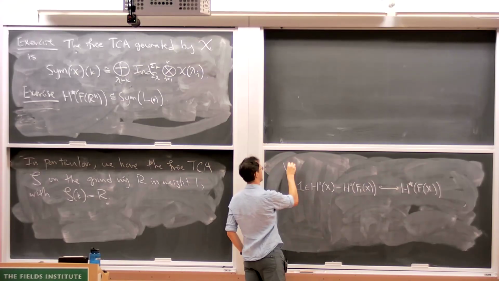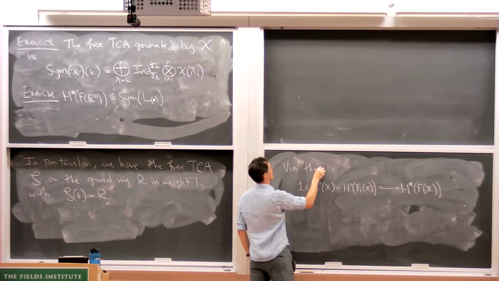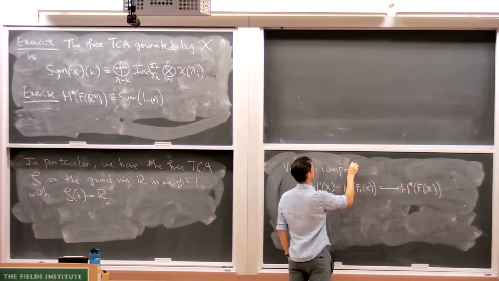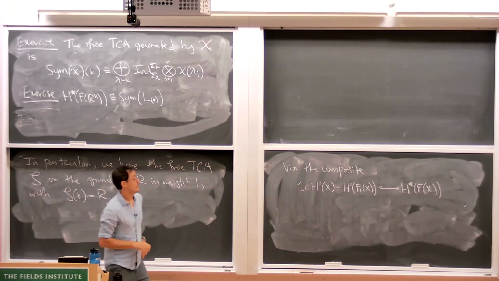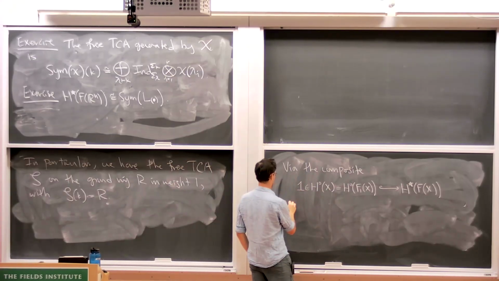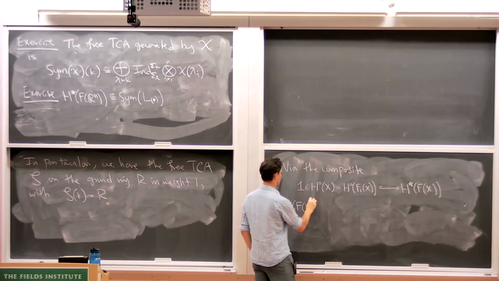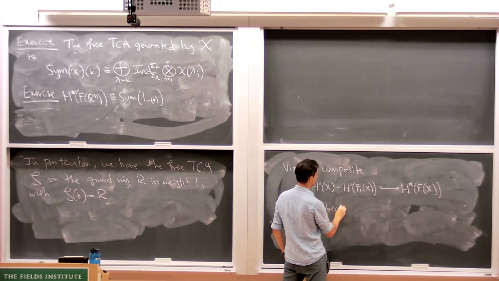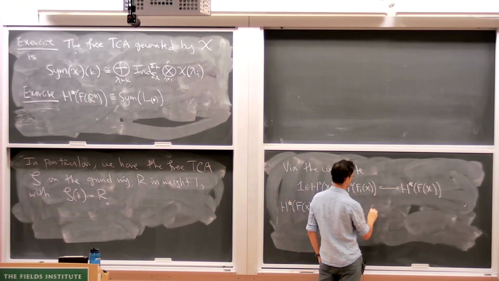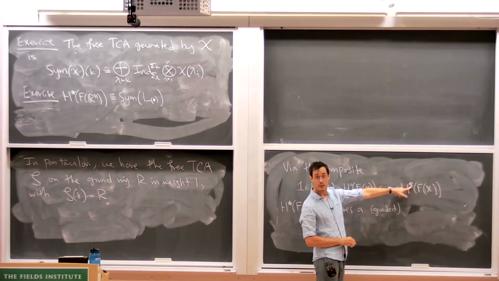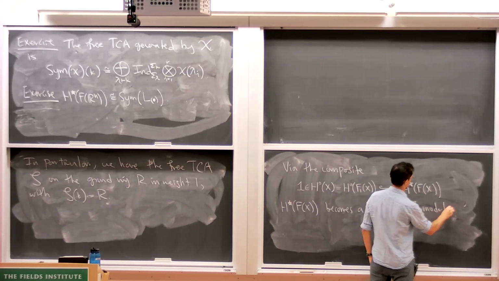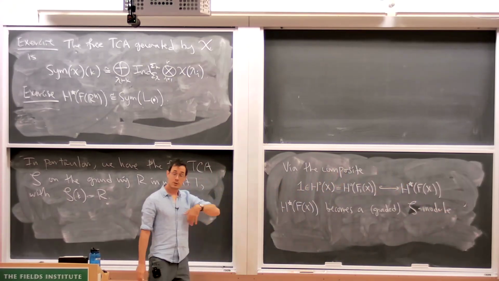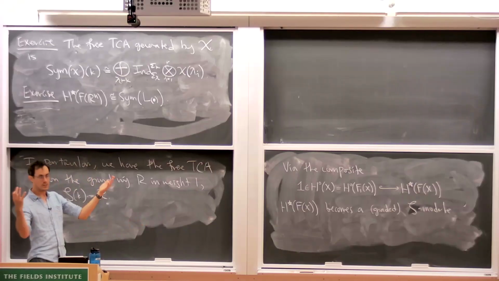So via this composite, the target, the cohomology of the configuration spaces of X, becomes an S module. Really a graded S module because each homological degree separately is an S module. Okay, so this S module structure is like a shadow of the larger TCA structure.